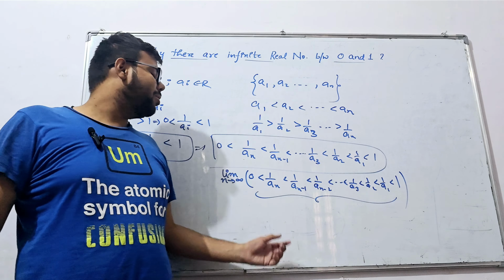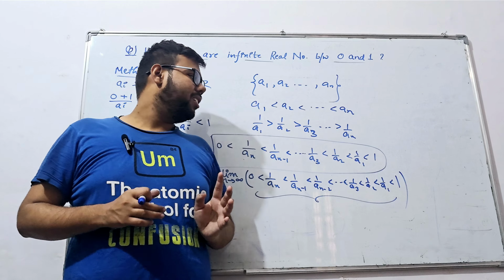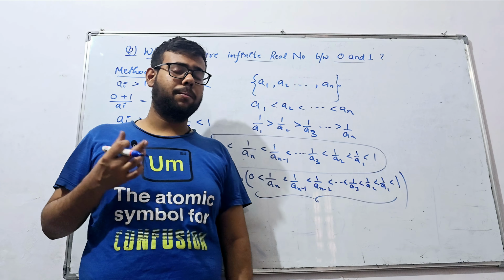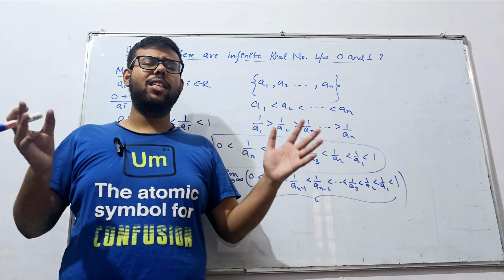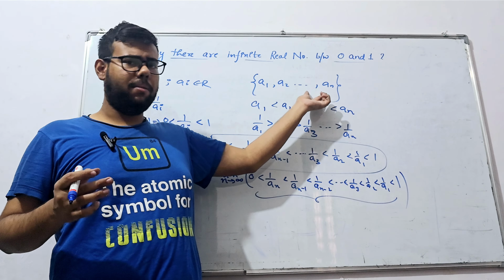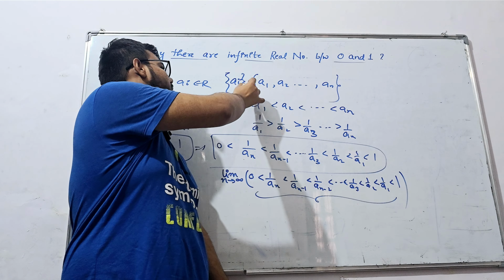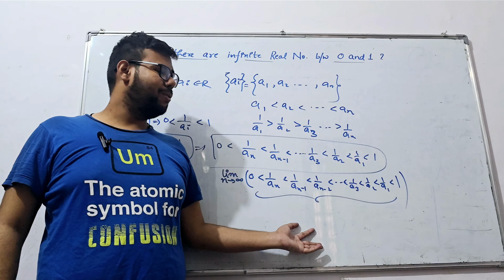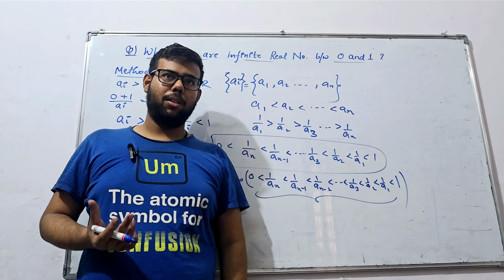I hope you understood what I mean over here, and basically this is a general method which we can use to prove that there are infinite real numbers between 0 and 1 using a sequence of this. Maybe I can define it as a_i as this. I hope it is clear now.